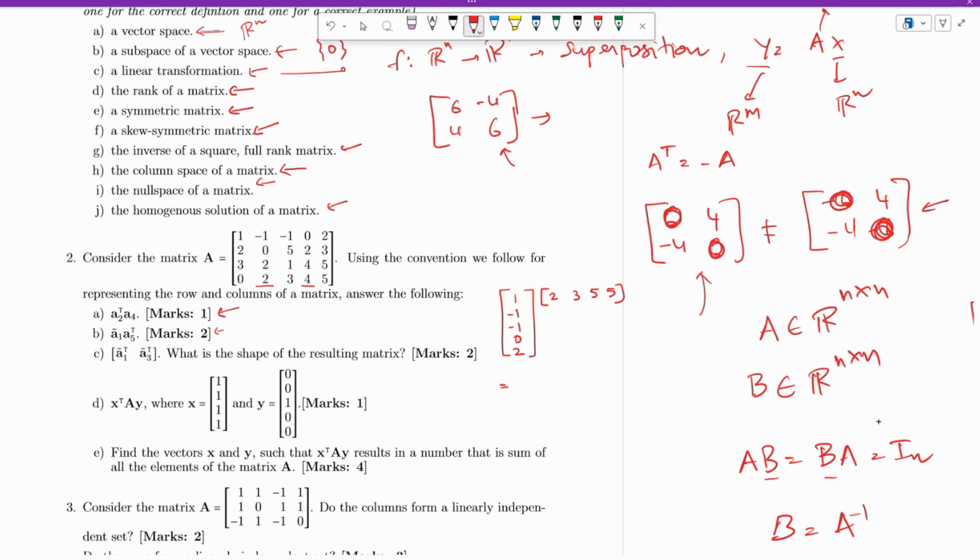What will you get if you multiply? A 5 cross 4 matrix. What will it be? You should be able to say that without having to do the computation. What will be the first column or the first row, whichever you're comfortable with?